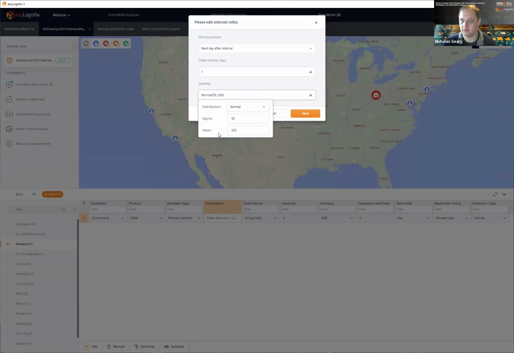But for just this demo today, I'm going to use our normal distribution with a mean of 200, so it's similar to our last example, but I'm going to add in a standard deviation or sigma of 50 units. So now this is our first opportunity to bring volatility and bring disruption to our model.